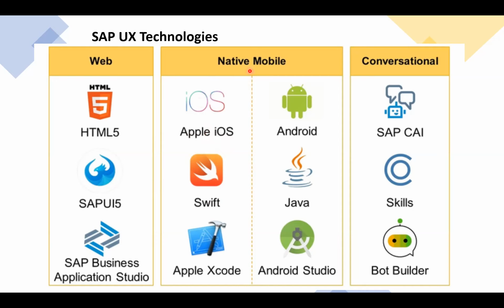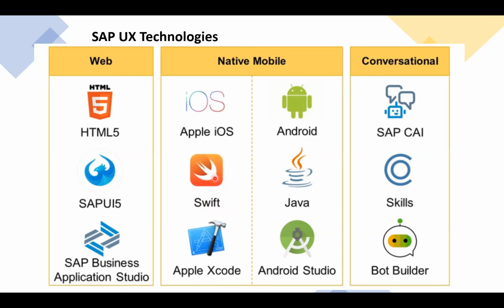We will not be having anything here. So these native mobile applications could be an iOS application or an Android application. If it is an iOS application, the language used is Swift. If you look at swift.org, that is where the language syntax has been published.